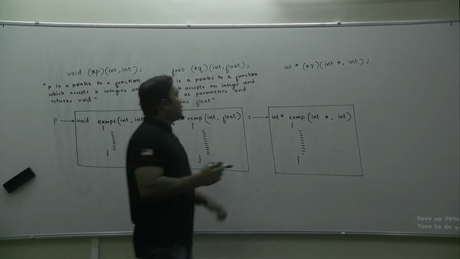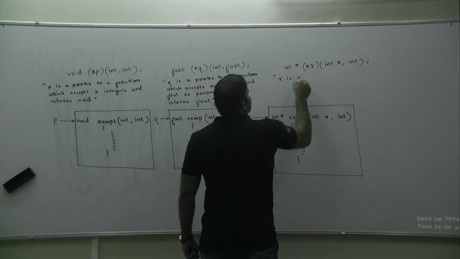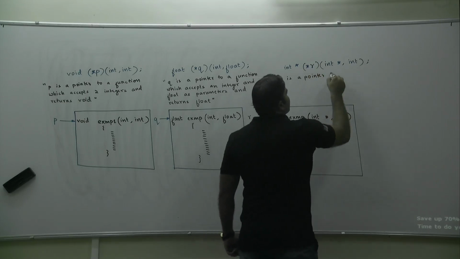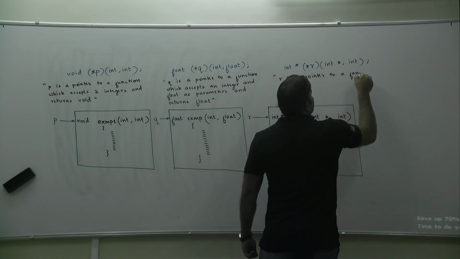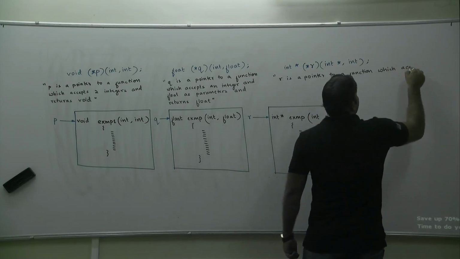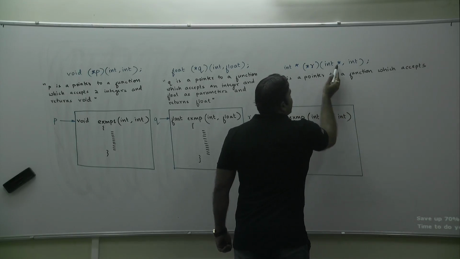Same is the case here also. R is a pointer to a function which accepts. Don't read it as integer pointer, I have told you.